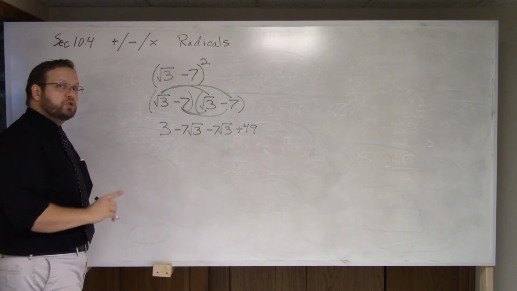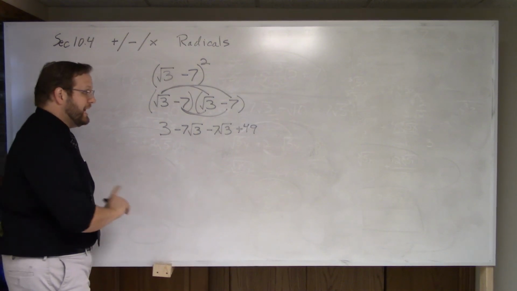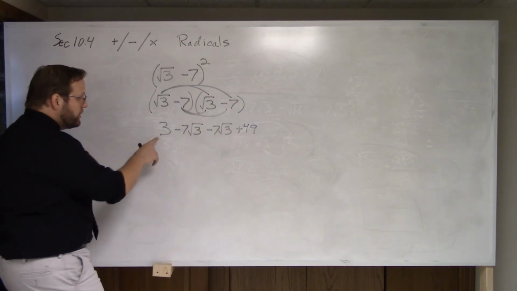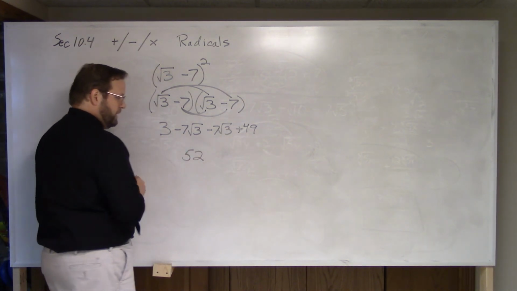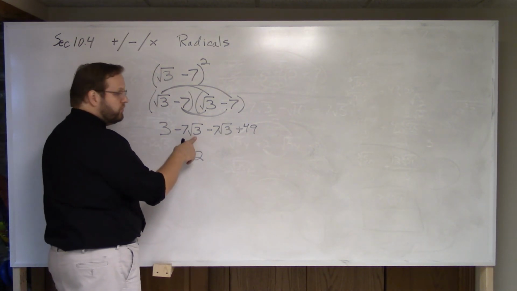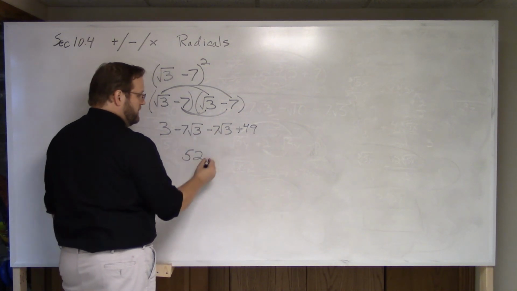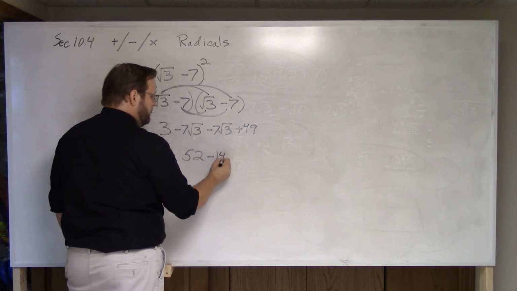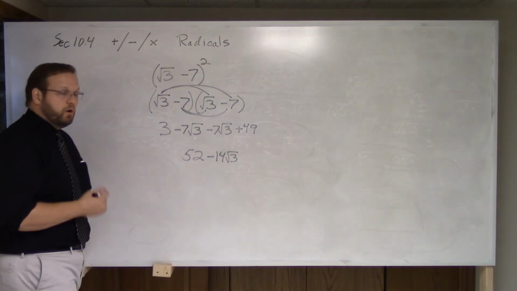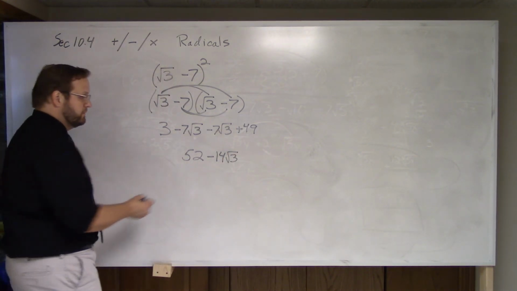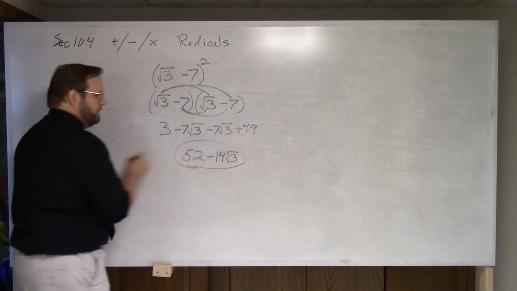Now, the radicals don't go away in this case, but a lot of this will combine. 3 plus 49 is 52. Then negative 7 root 3 minus 7 root 3 is negative 14 root 3. All I did there was combine like terms. And there we have it.